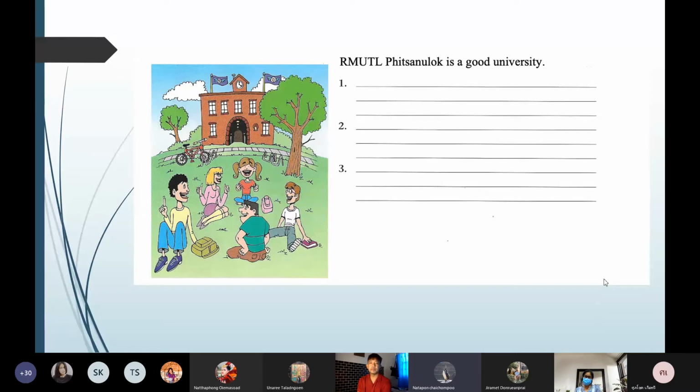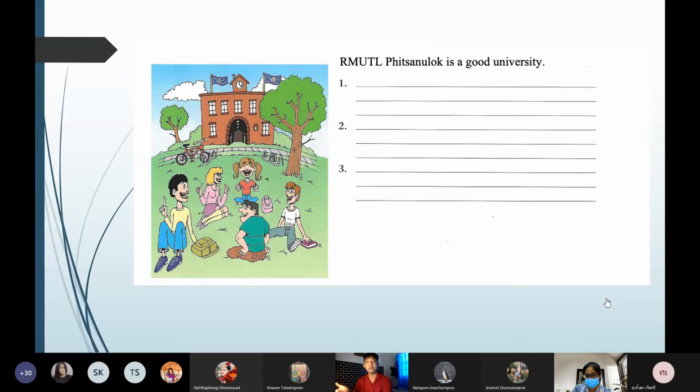I think it is because it's family friendly. It's a friendly university. So number one, I think RMUTL Phitsanulok is a good university because it is a friendly university.